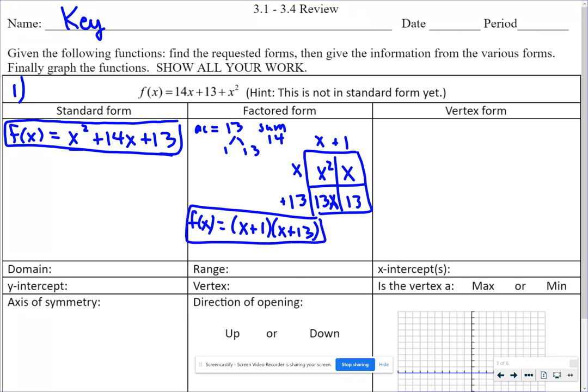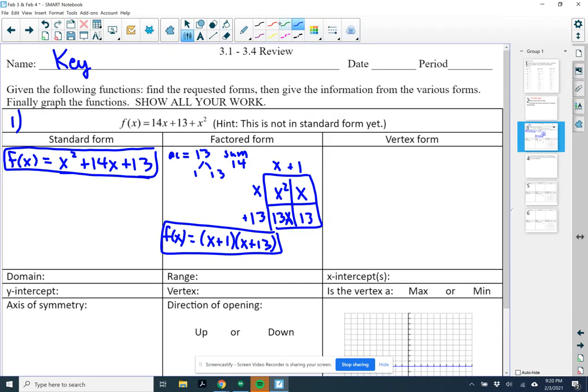Okay. Now to find the vertex form, we're going to do this a little bit differently. I'm going to come back over here to my standard form space where I actually have some room to work. And I'm going to go back to a different color here for a second. I think we'll go with the red. So the x coordinate of the vertex, the h, remember the vertex is h comma k.